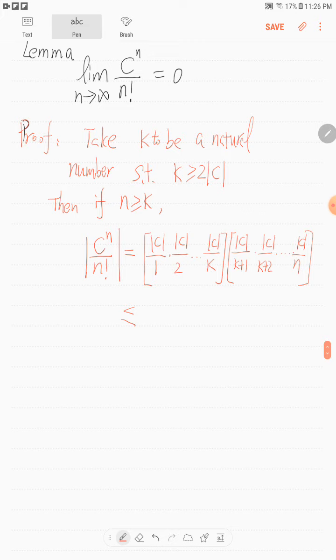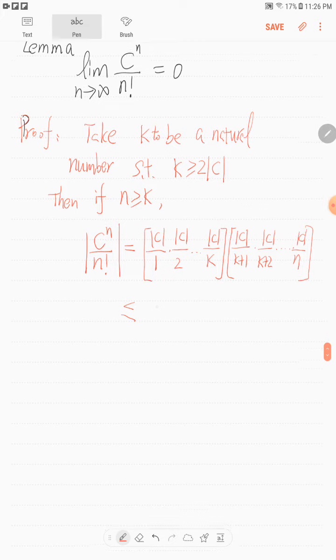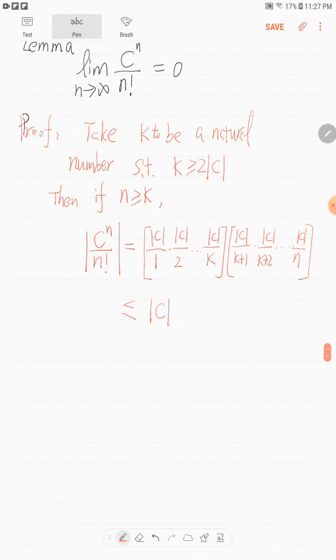Then the first product is less than or equal to the absolute value of c to the power k over k factorial, right? We decrease the denominators 2, 3, up to k to be 1, so you have the kth power. For the second part, we use this inequality. Then each factor is less than or equal to 1/2. How many terms do we have? We have n minus k terms.